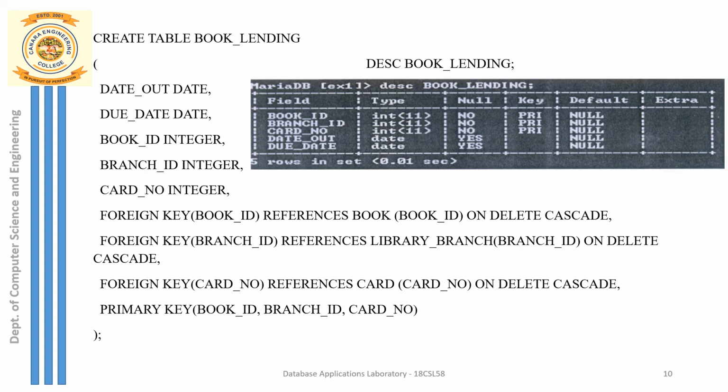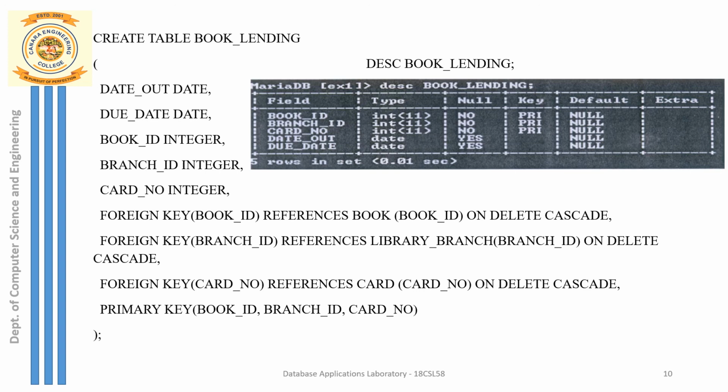And then one more thing you have here, card number. Here the order has to be changed. I did not show you the table creation of card. So remember, before you create this book lending table, you must create a table called card which has only one attribute, card number, and take that card number as the primary key.